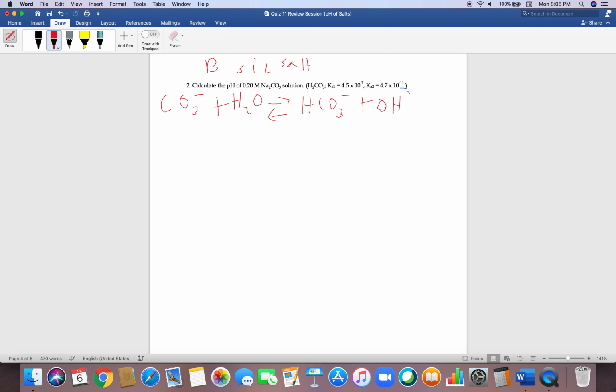Now, since this is a dissociation of a polyprotic acid, like I said earlier, we're going to use the smaller Ka.